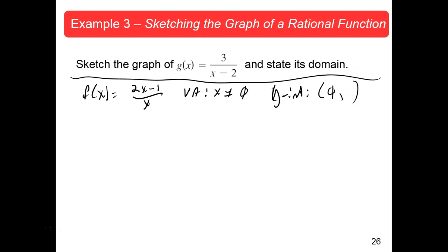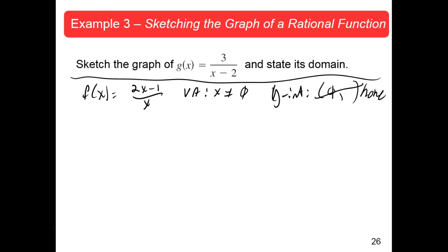Oh, it can't be 0. So there is no y-intercept, because x cannot equal 0. That one's done for you. You got your domain, your vertical asymptote, and there's no y-intercept. Okay, next.